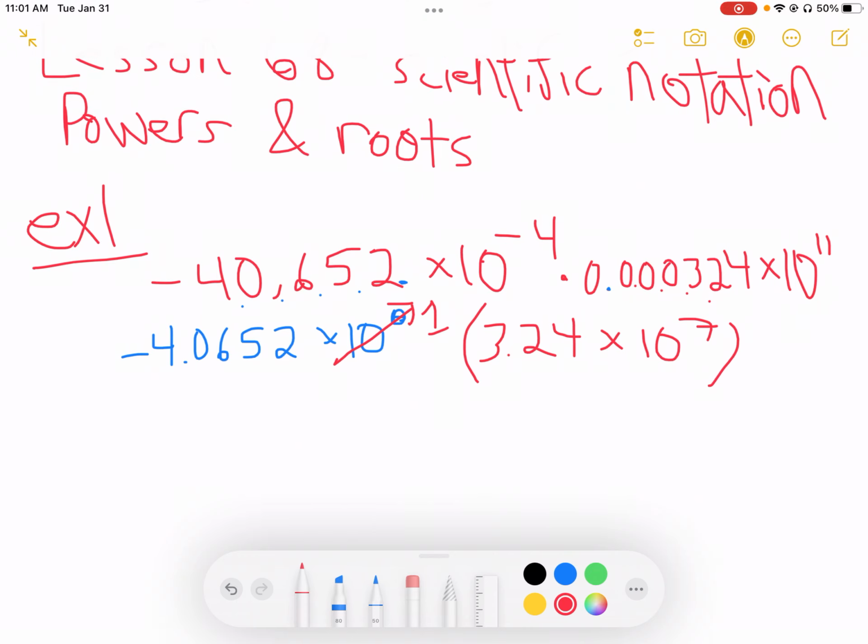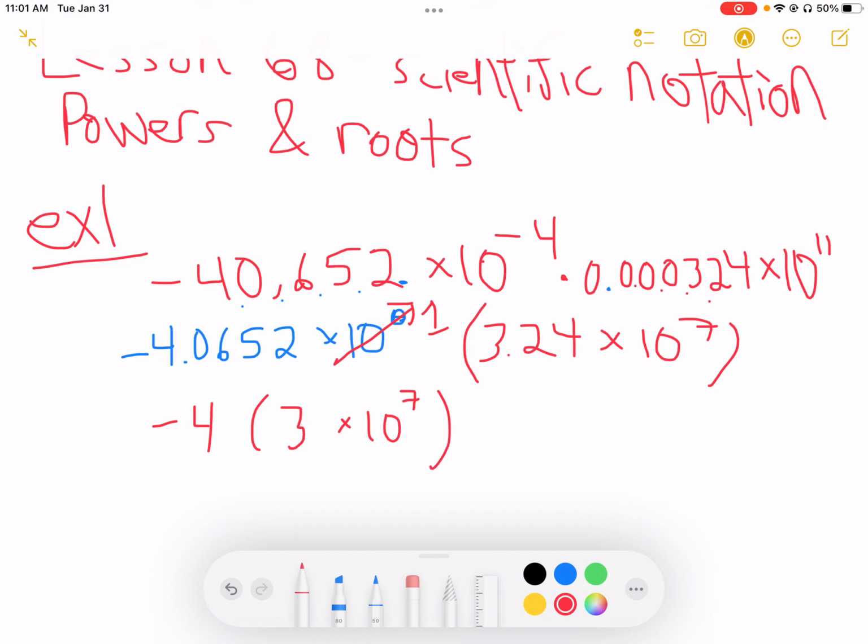Because now, right, if I wanted to plug it in the calculator, I can. Or if I want to estimate it, I can just say, hey, this is minus 4. I'm going to multiply it by 3 times 10 to the 7. Let's just say, for example, okay? And then, right, what do we know about these, right? Well, we know that I can actually just multiply these together, right?